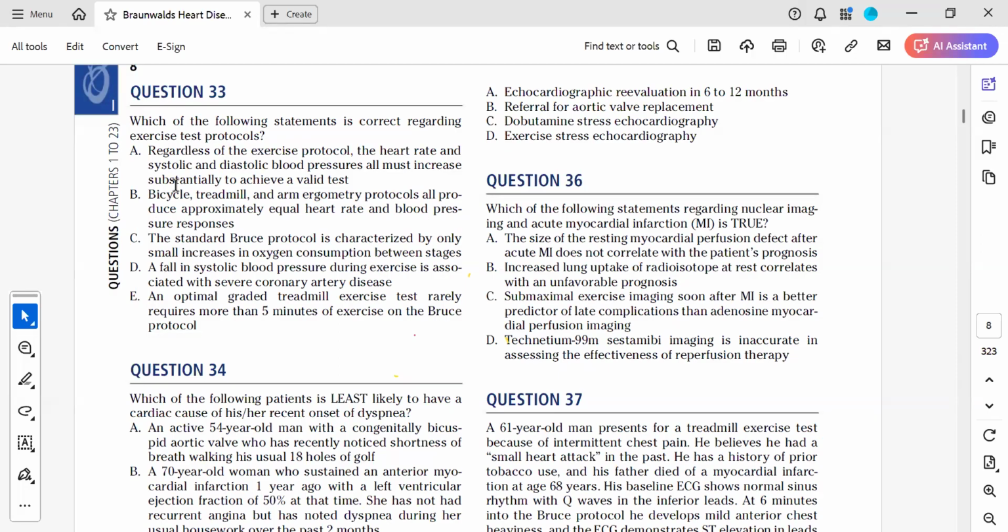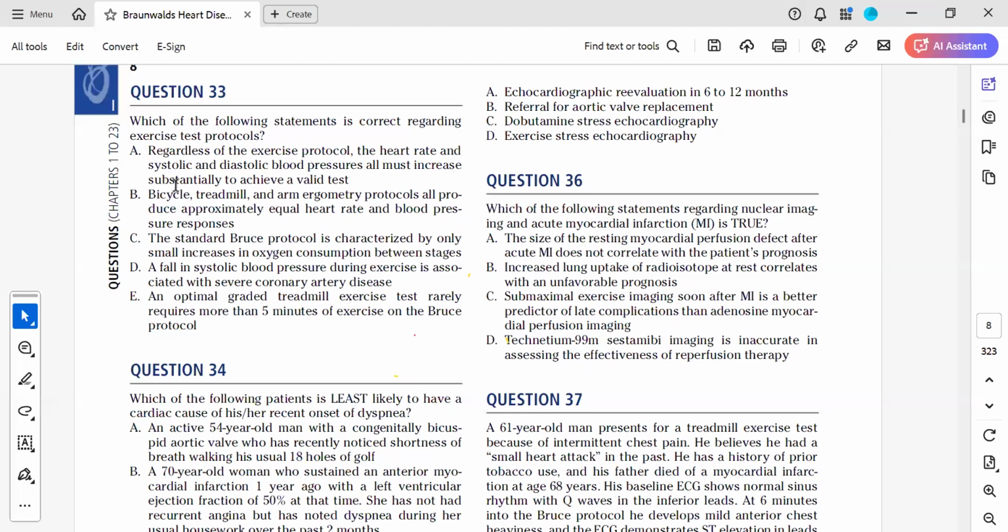However, just to note that for this one, the maximum heart rate achieved is only approximately 70% of those compared to the treadmill or the bicycle. And then, of course, what we also note is that the maximum oxygen consumption for this one is also lower than the leg test, in this context, the bicycle and the treadmill.